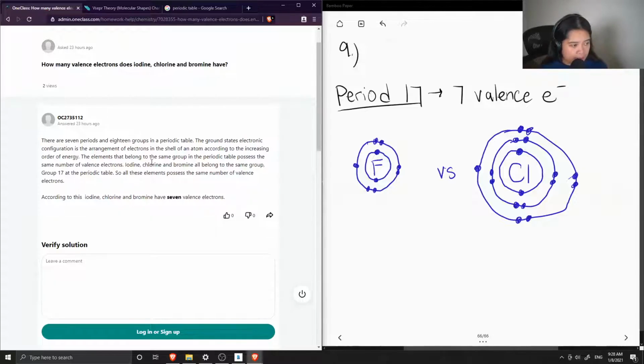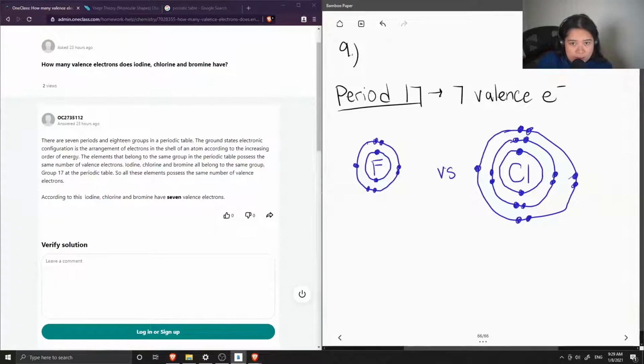Elements that belong to the same group in the periodic table possess the same number of valence electrons. Iodine, chlorine, and bromine all belong to the same group, which is group 17 of the periodic table. So all these elements possess the same number of valence electrons. According to this, iodine, chlorine, and bromine have 7 valence electrons.